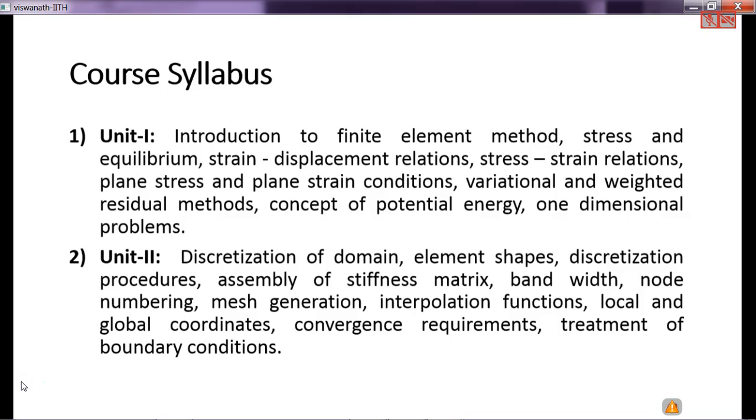It is an approximation. But what do you want? Anybody wants to bring the disparity, the difference between the exact solution and the approximate solution, as low as possible. That is our aim.